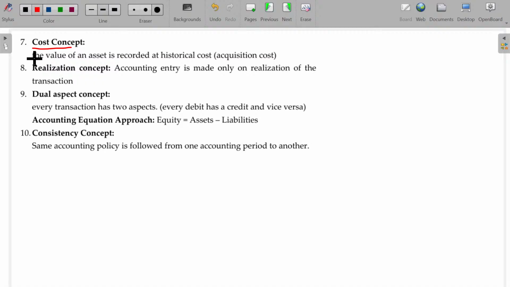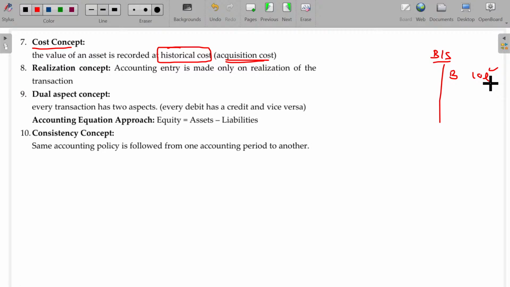While recording in your books, you record at its own historical cost, acquisition cost. You have to show at the acquisition cost in your balance sheet. Land and building, whatever it may be, you purchased 10 years ago for 10 lakhs, you continue to show at its own value.